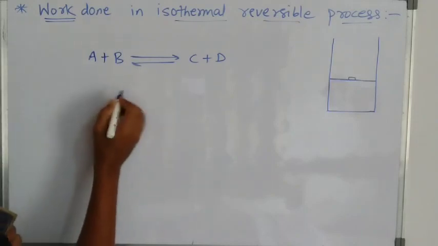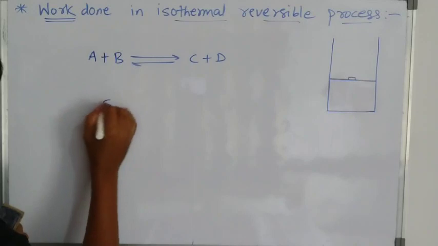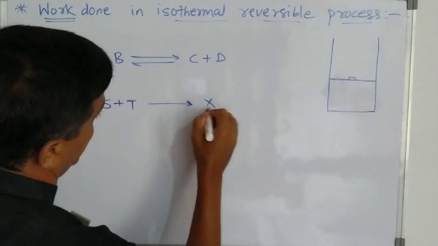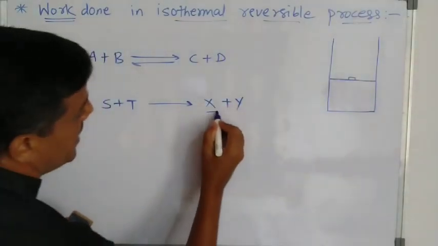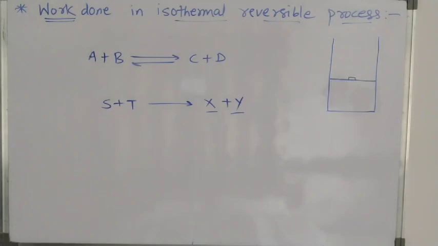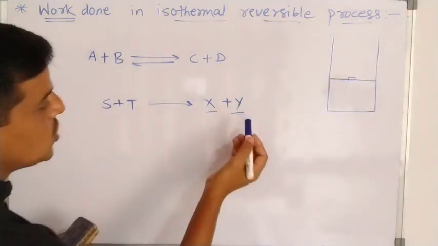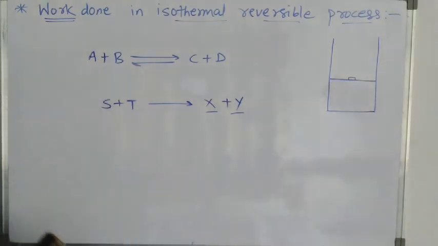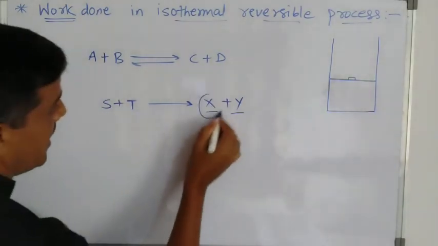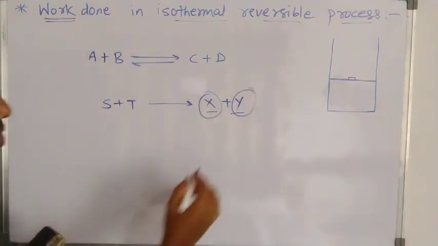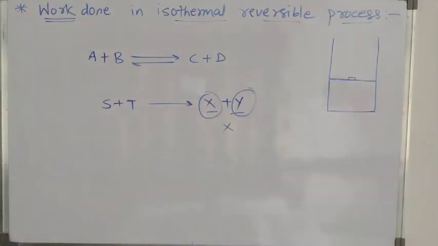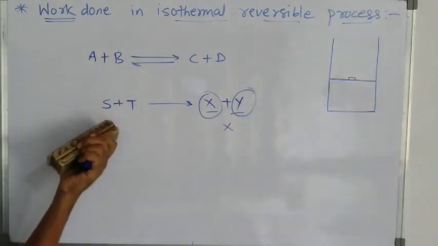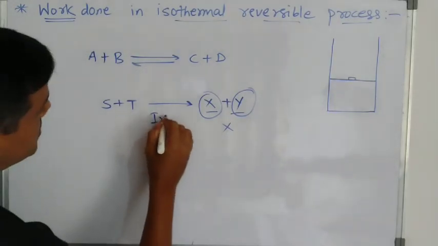But in case of, suppose, S reacts with T and gives rise to X and Y, but here X and Y do not react with each other, so there will be no problem of converting X and Y into S and T. Since X and Y do not have any kind of reaction, they cannot react with each other, therefore they will not form S and T. Such reactions are called irreversible.